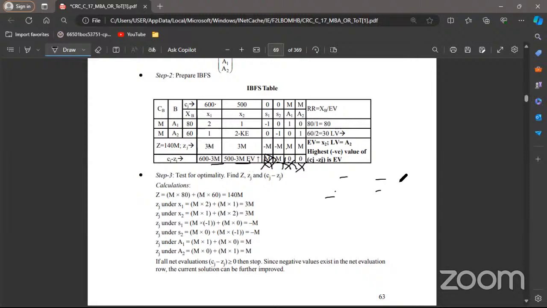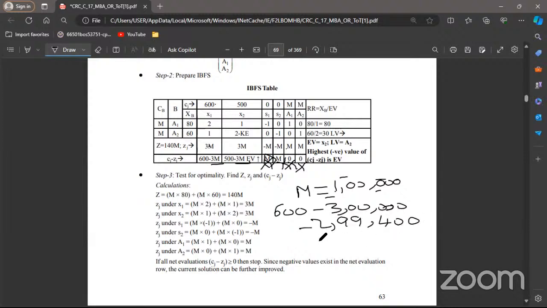Now you just imagine M to be a large positive number. Shall I take 1 lakh? Any large number. Now tell me, 600 minus 3 lakhs, how much is it? Minus 2,99,400, isn't it?